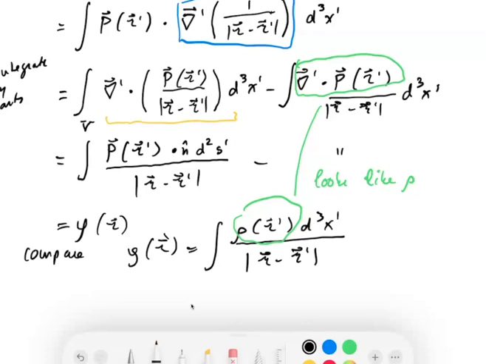So the things in green, they look alike, right? Because we have a potential that looks like a volume integral of something over the distance, and that something has also an extra minus sign there. So that's okay.